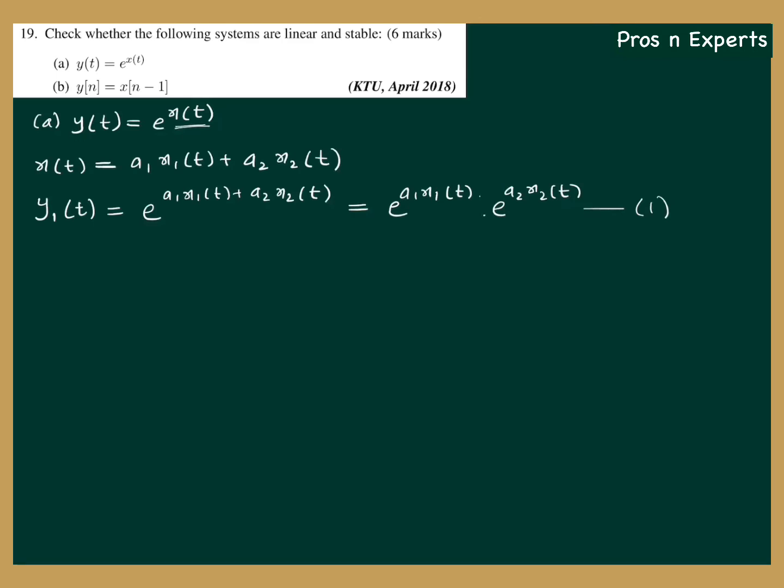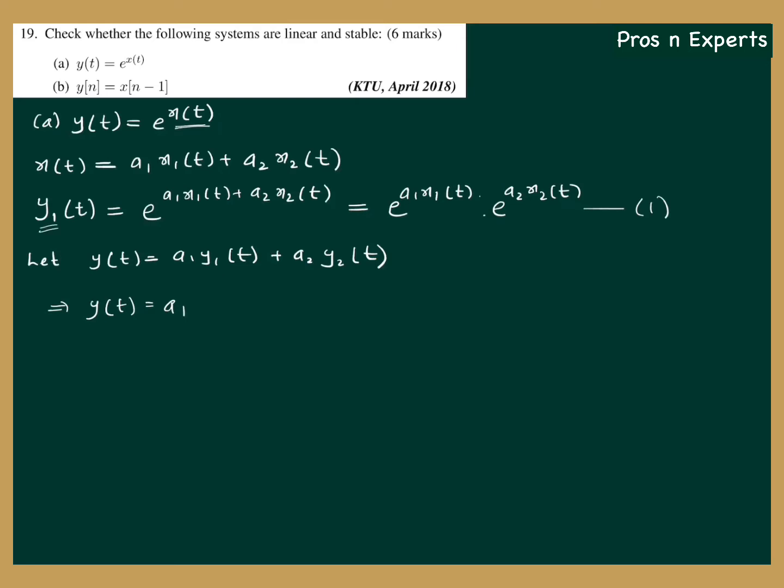Let y of t equal to a1 y1 of t plus a2 y2 of t. That implies y of t is equal to a1 into, what is y1 of t? Don't confuse that this y1 of t is not same as this y1 of t. This is a mixture.